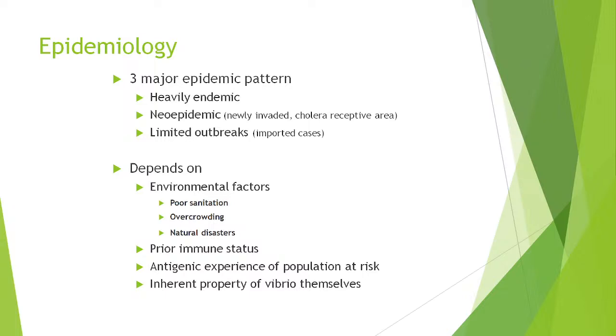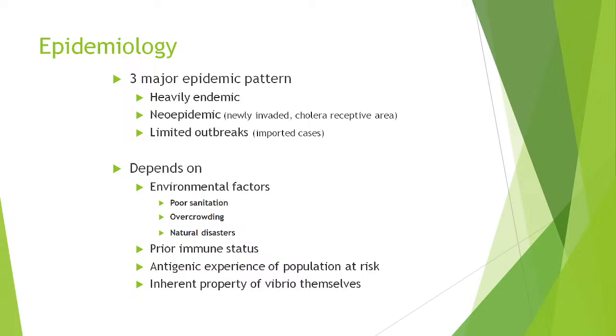But if an imported case comes, how will it transmit? It will go into the water supply. The stool, because it is a diarrheal illness, will go into the water supply and has the potential to cause an outbreak. So that is why in such countries, even a single case needs to be reported to the authorities.